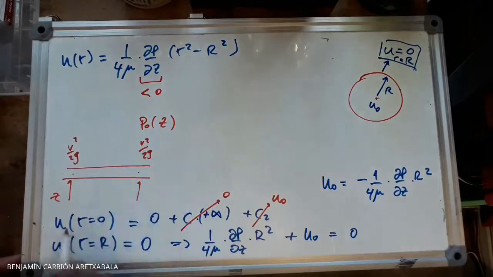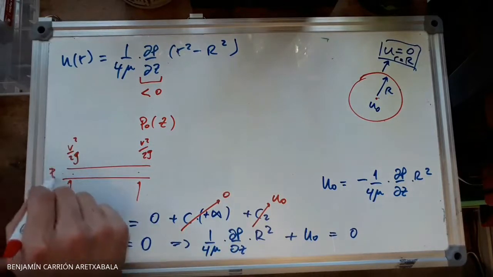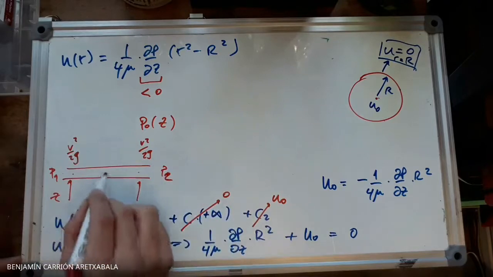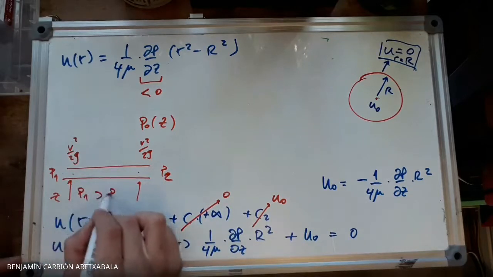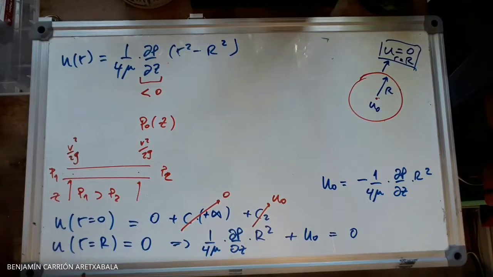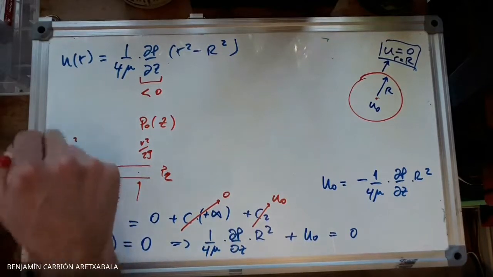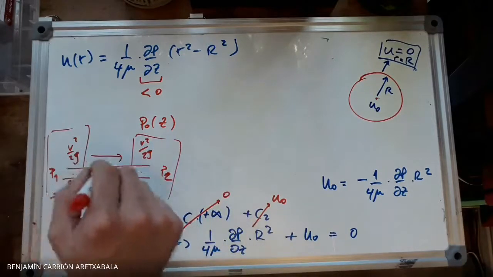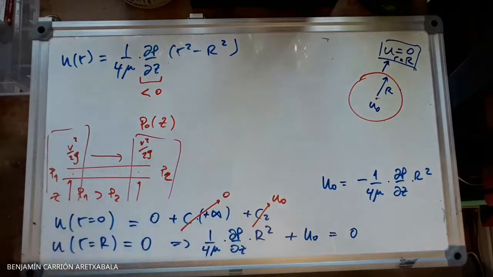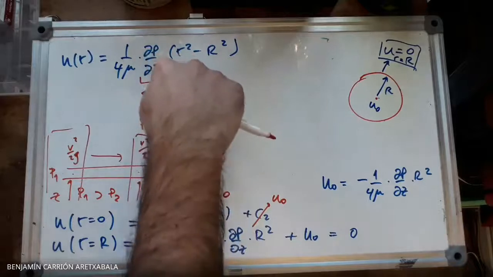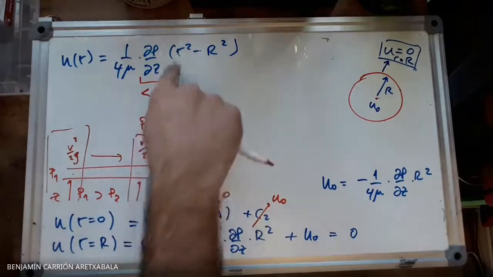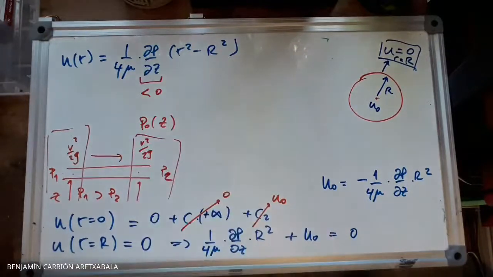The only thing that can make the fluid flow is that P1 be larger than P2. If the energy here is larger than here, then the fluid is going to flow in that direction. So dP/dz, we don't know this value in this case, but this is the driver of the flow.